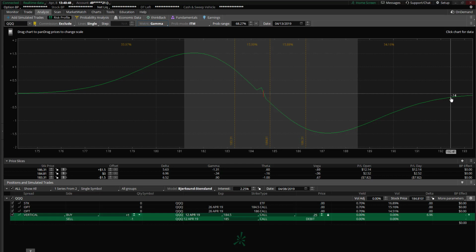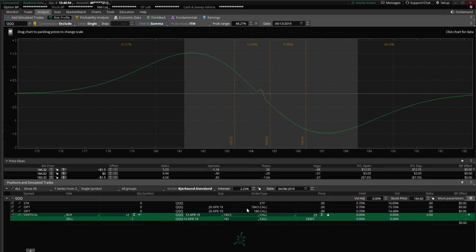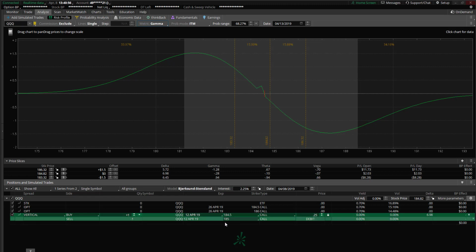Now, there's not a lot of value in looking at this particular trade at this particular time, because this would not offer us very much. You can see it's 50 cents and then $1, $1.50, and then $2.